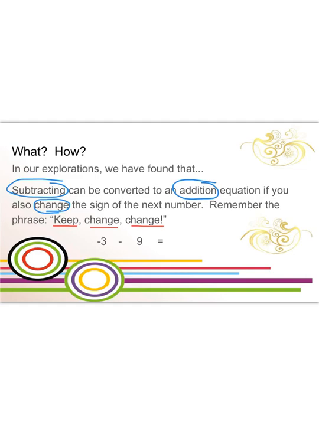So if I were to do that with this problem, negative 3 minus 9, I would keep, I would change to addition, and instead of a positive 9, I would make this a negative 9. So I keep, change, change. 3 negatives and 9 more negatives will give me 12 negatives. So we're going to keep, change, change.